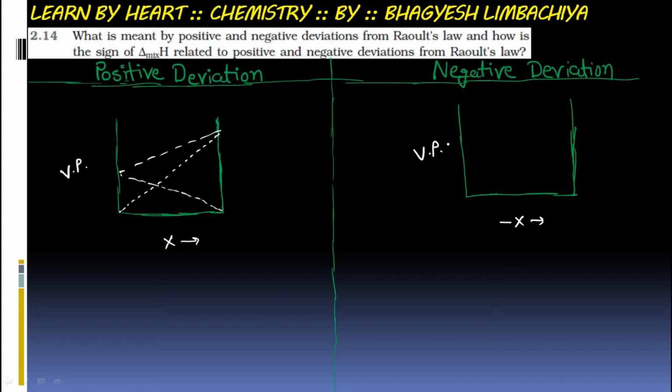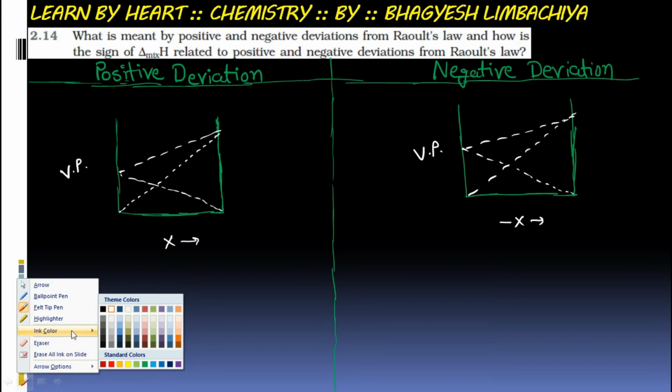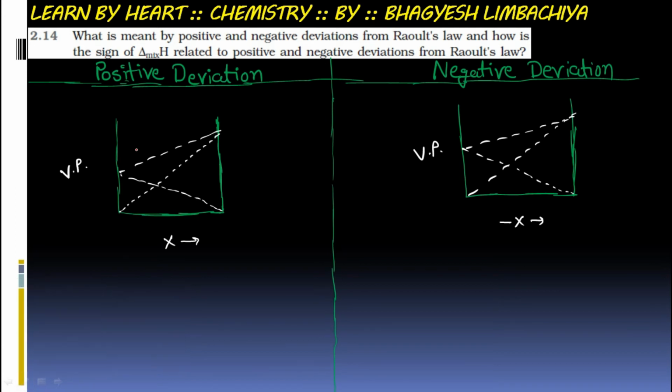But whenever, due to some phenomenon, straight lines are not obtained, then in a positive deviation all the lines will be on the upper side like this, and in a negative deviation all the lines will be downward.